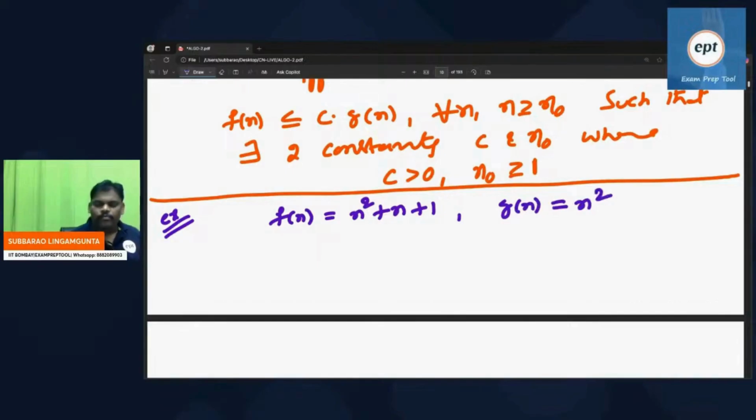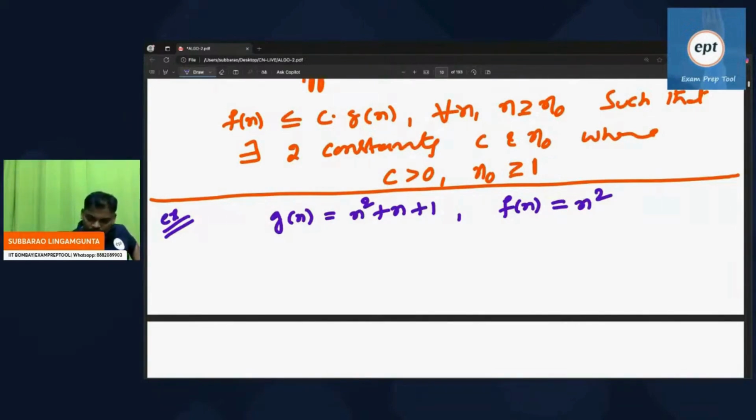Otherwise, let me say the reverse first. G of n is equal to n square plus n plus 1, and f of n is equal to n square.